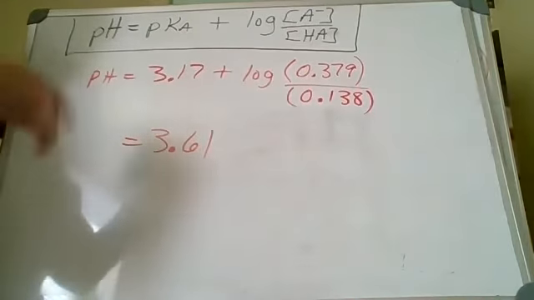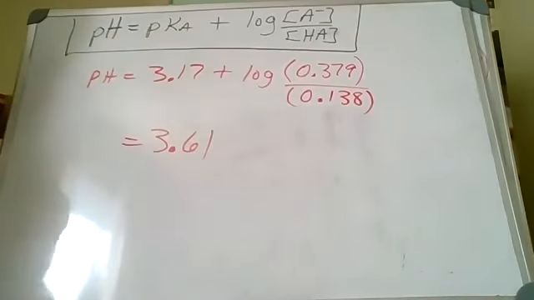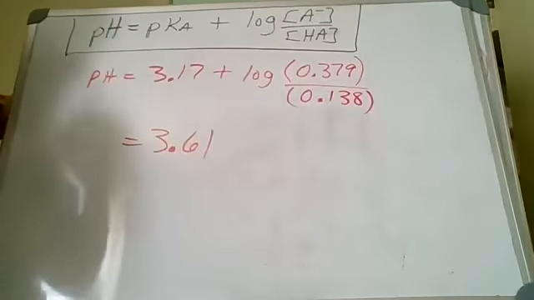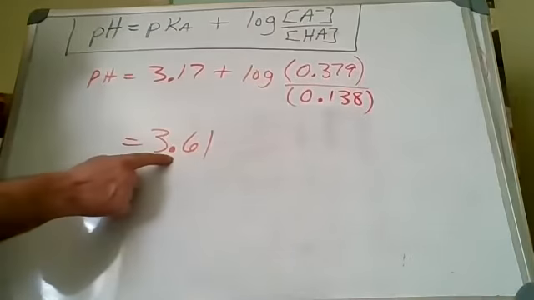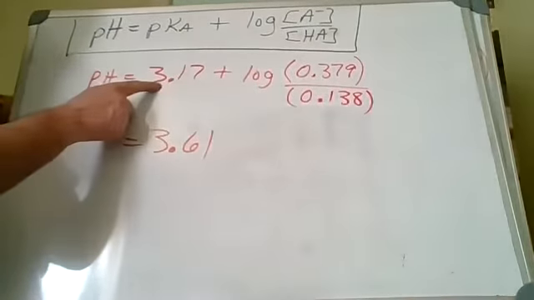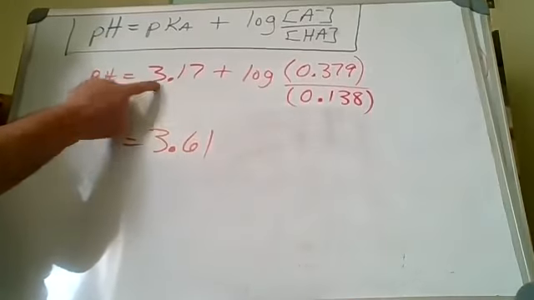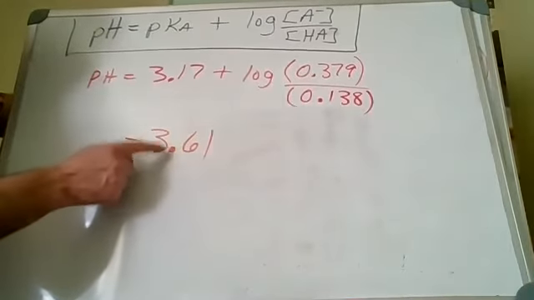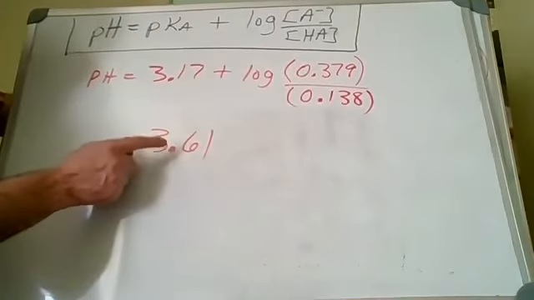So you might be doing some biological experiment where some biochemical reaction behaves optimally at pH 3.61, but your buffer is hydrofluoric acid. So the reaction might not occur at 3.17, but it occurs at a very good reaction rate at 3.61.